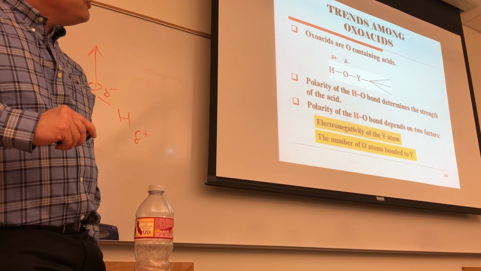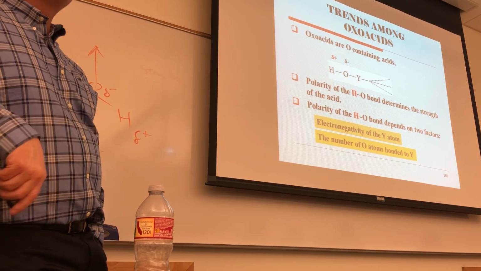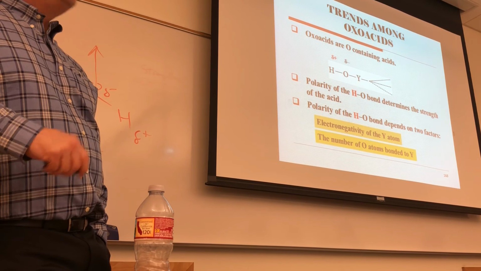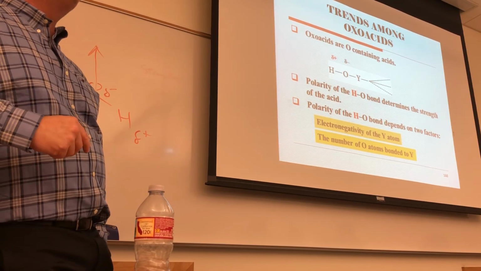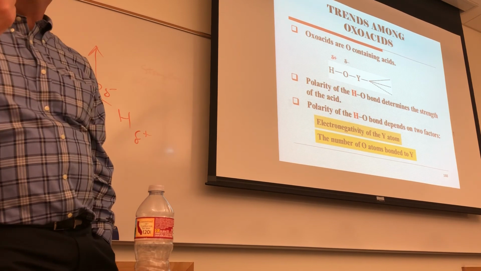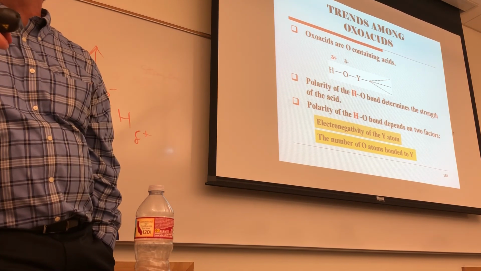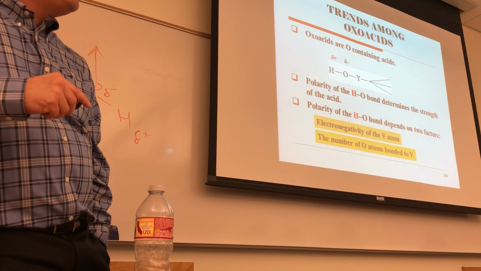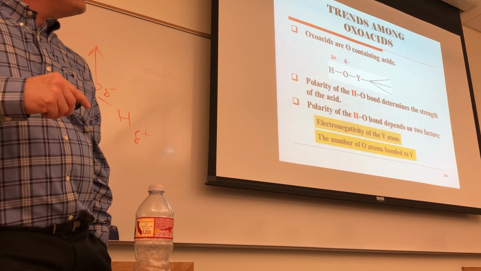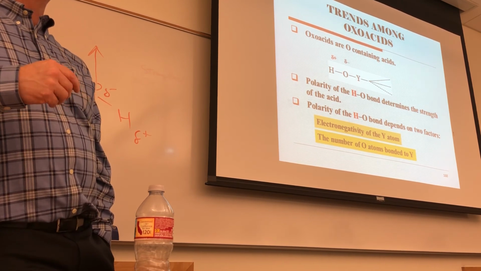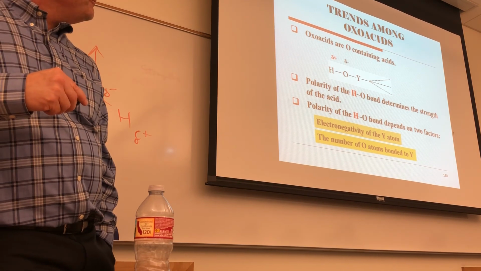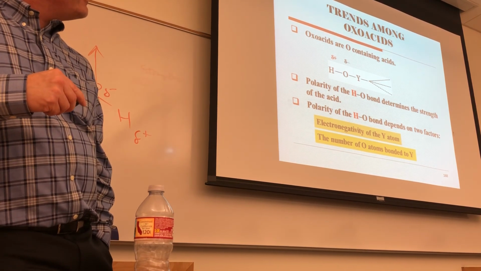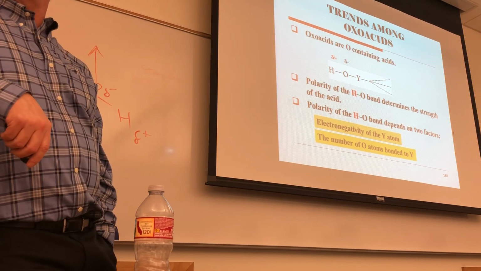The more oxygens I have connected to this Y, the stronger the acid is, the more weakly bound it is. Because when it comes off, the more oxygens help delocalize the electron density on this oxygen. So the more oxygens I have connected to Y will increase the strength of the acid by decreasing the dependence of this hydrogen to that oxygen.